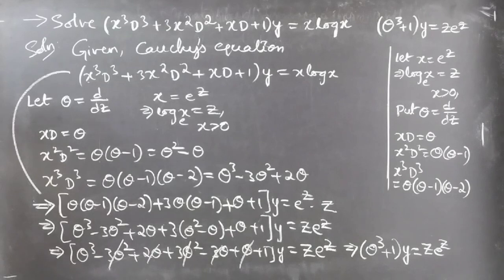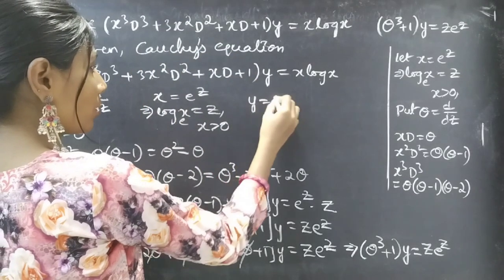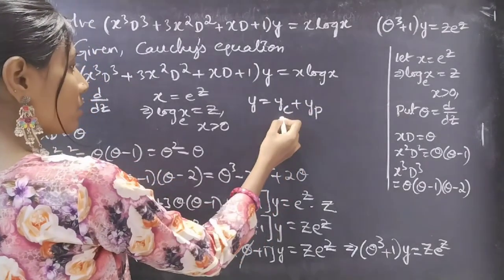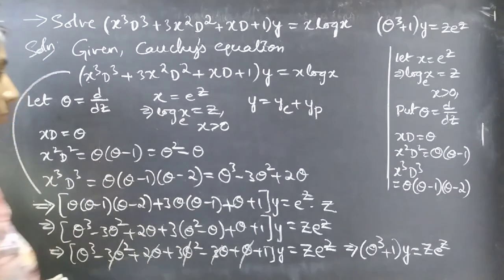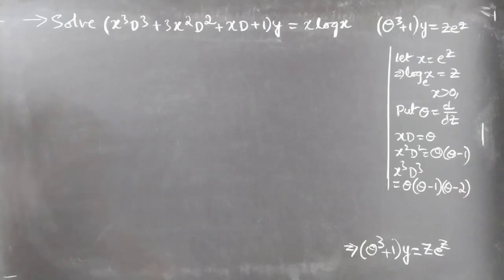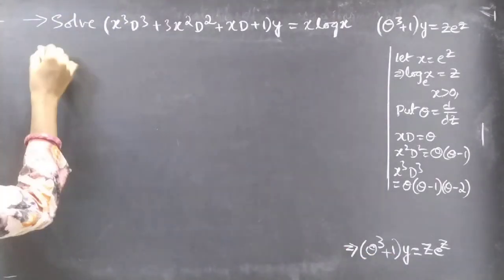Now we need to find the general solution of the given differential equation, which is given by y equal to yc plus yp. Firstly we will find yc and later we will go for yp. So let's find yc using the auxiliary equation. We got theta cube plus 1 into y equal to z into e power z, right?